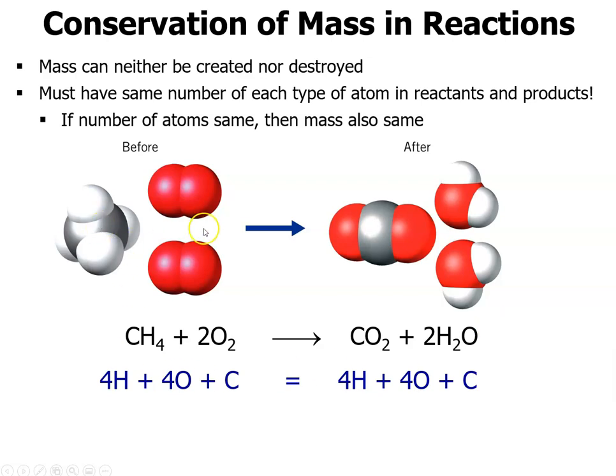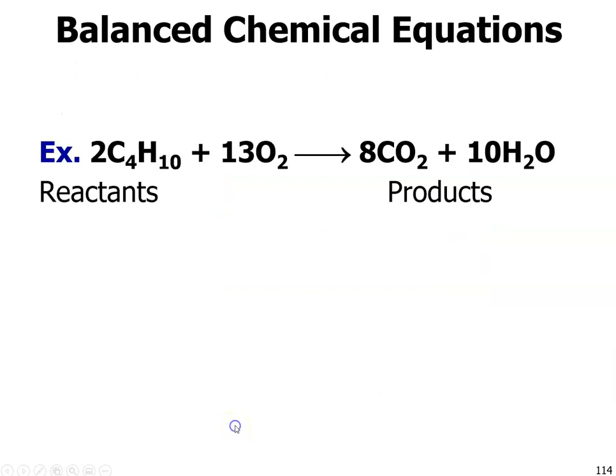So methane, the last example, this is just a picture showing you the same concepts. 1 part methane, 2 parts oxygen, rearranged to form 1 part carbon dioxide, 2 parts water. And if we add these up, we have 4 hydrogens on the left, 4 oxygens, 1 carbon, the same number of each of those elements on the right side.